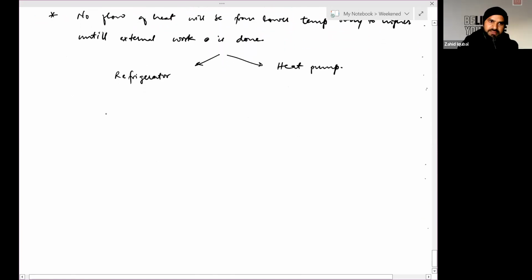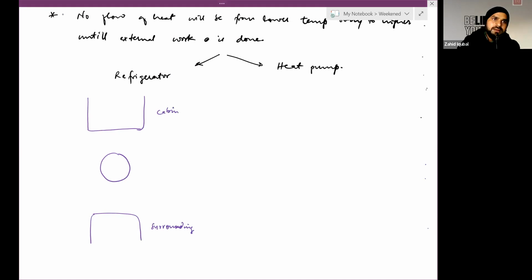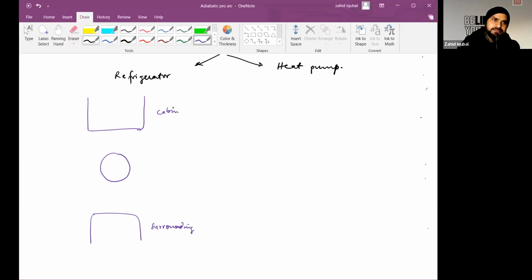Suppose in the case of a refrigerator, one compartment is the working tool, and another compartment. The first one is called the cabin, and the second one is called the surrounding.